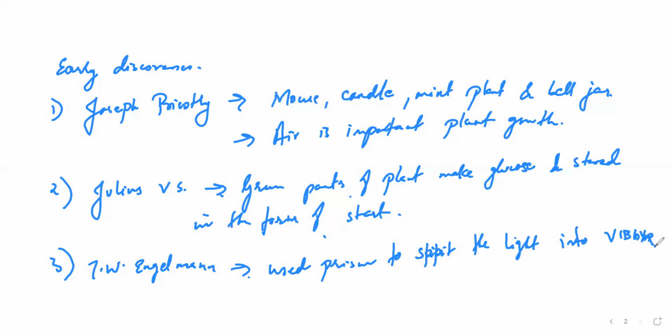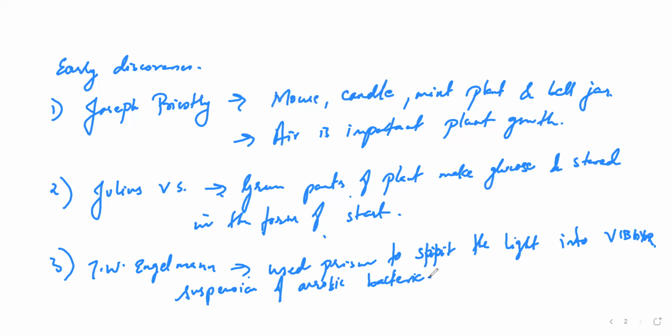Okay, with this, he kept a suspension of aerobic bacteria. Aerobic bacteria means those bacteria which breathe in the presence of air, hence they are called aerobic bacteria. When he placed the suspension of aerobic bacteria and illuminated the light split through the prism, which produced the VIBGYOR, what did he find?